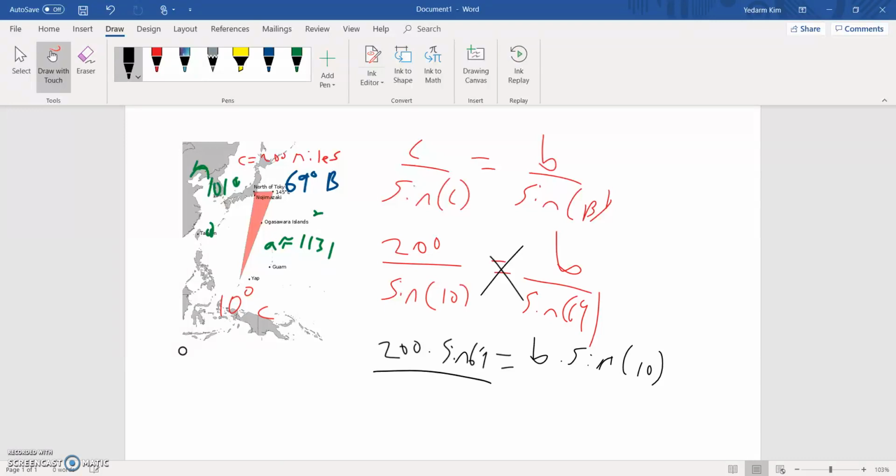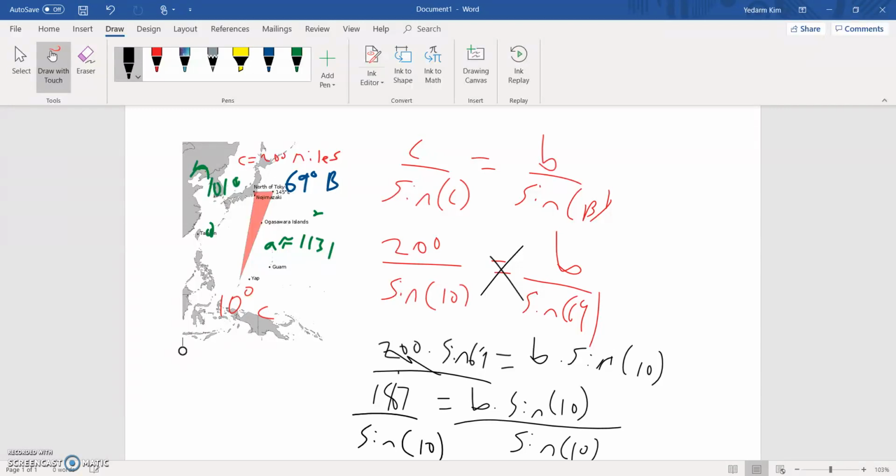And once you plug this into the calculator, you'll get 187. Oh, we're not dividing, it's just that this is what you're going to get, equivalent to B times sine of 10. And as you can see right here, you want to get B alone. So you divide on both sides.